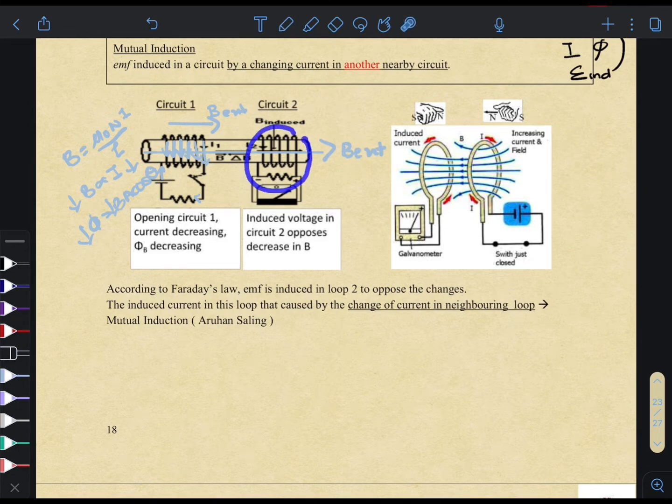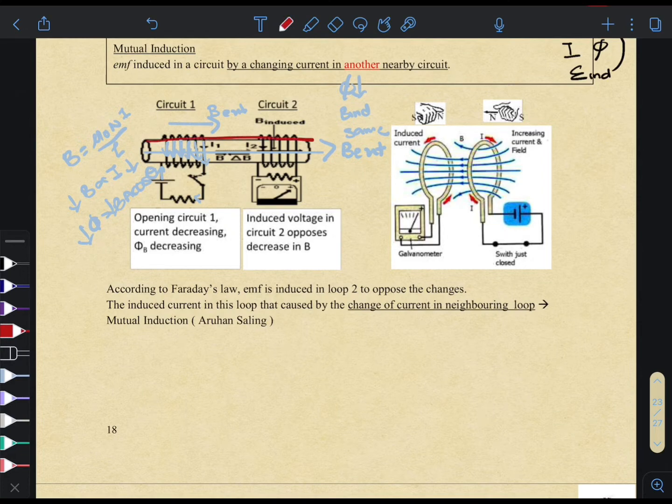So sekarang untuk oppose the changes dekat sini, this solenoid here is going to induce a magnetic field which is in the same direction dengan B external. Sebab bila flux decrease, kita punya B induced same direction dengan B external.